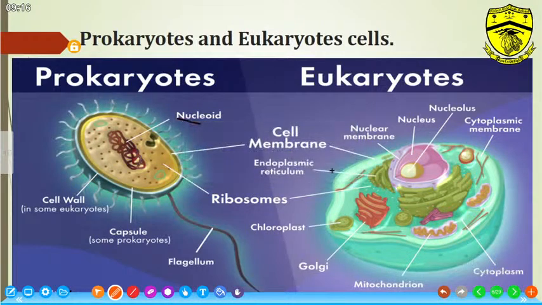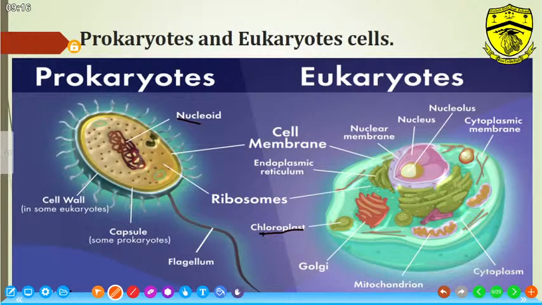Next, eukaryotes. Here the example of a eukaryote is a part of a plant structure, and the chloroplast is present in it.